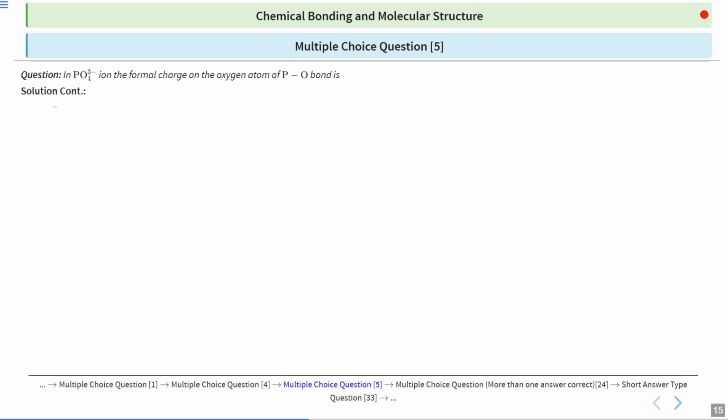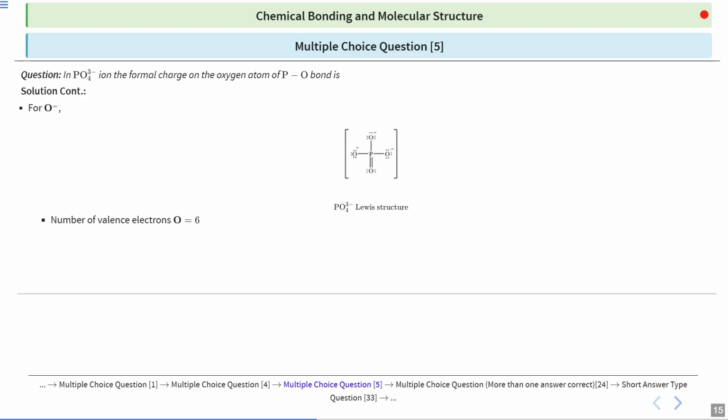If I move to the single bonded oxygen minus, then we know that the number of valence electrons in the neutral oxygen atom will be 6. Then looking at the structure, we can say that 6 electrons are present which are non-bonded. You can count them: 1, 2, 3, 4, 5, 6. And 2 bonding electrons are present because your O minus is making a single bond.